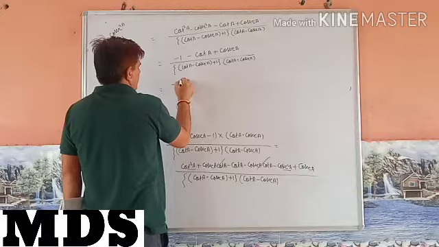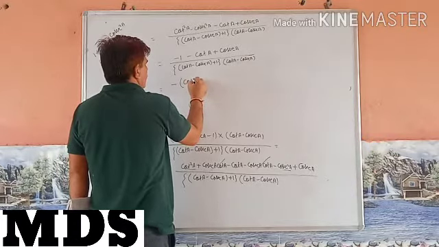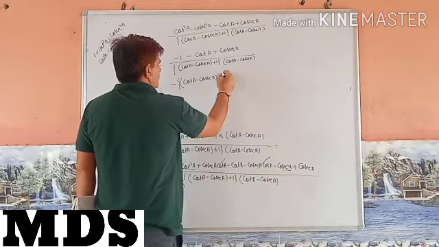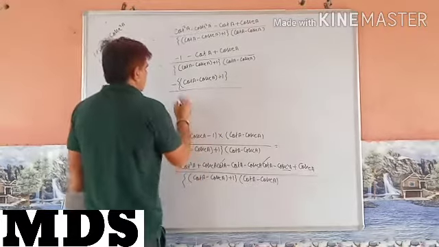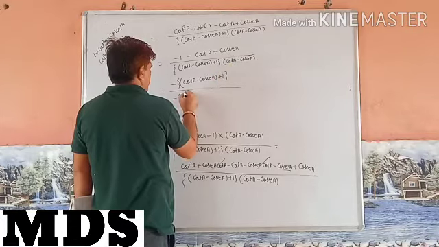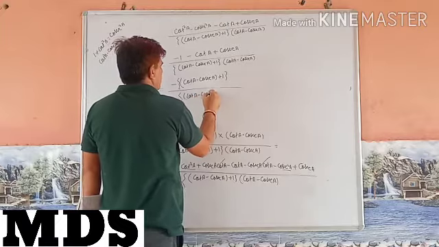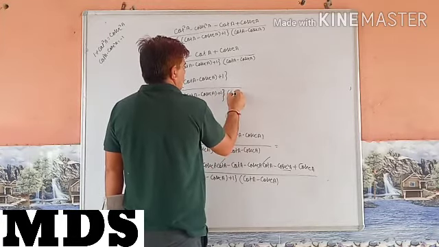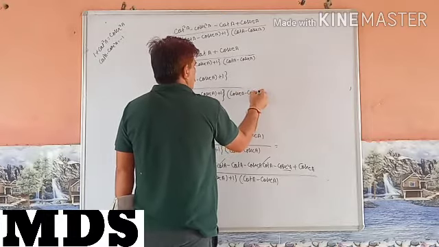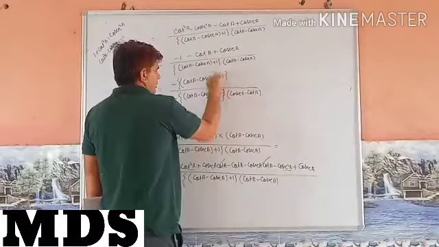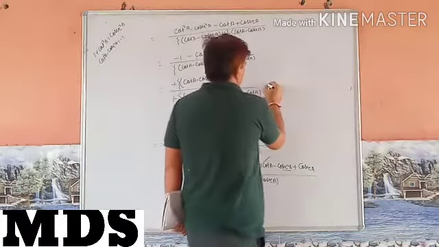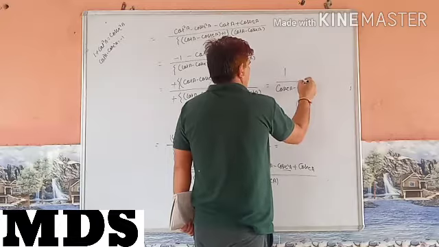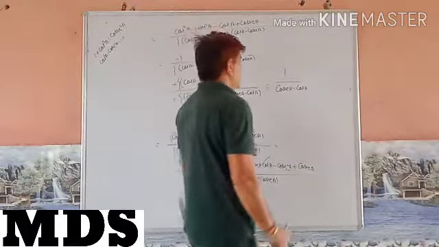Minus taken common, what becomes? (Cot A minus cosecant A plus 1) divided by minus taken common from here also, (cotangent A minus cosecant A plus 1) into (cosecant A minus cot A). This cancels, and this is equal to 1 by (cosecant A minus cotangent A). Rationalize the denominator.